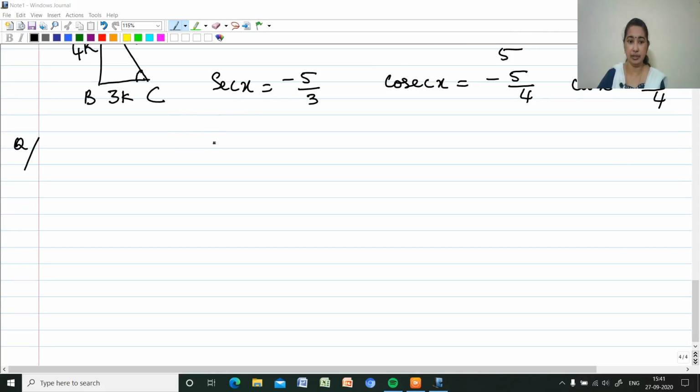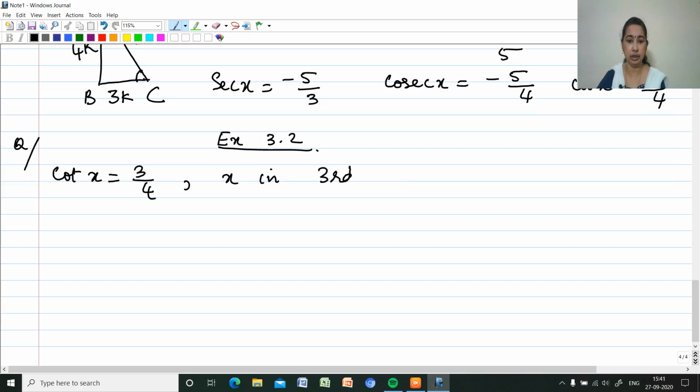Next question, exercise 3.2. Question is cot x is equal to 3 by 4. x lies in third quadrant.